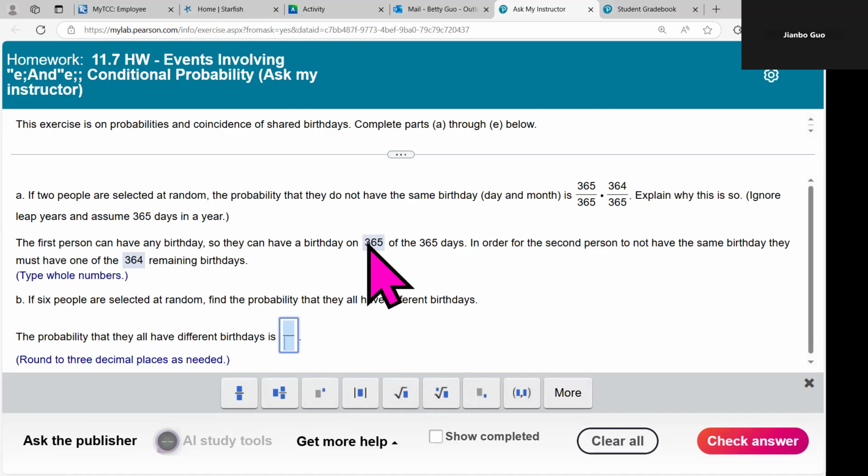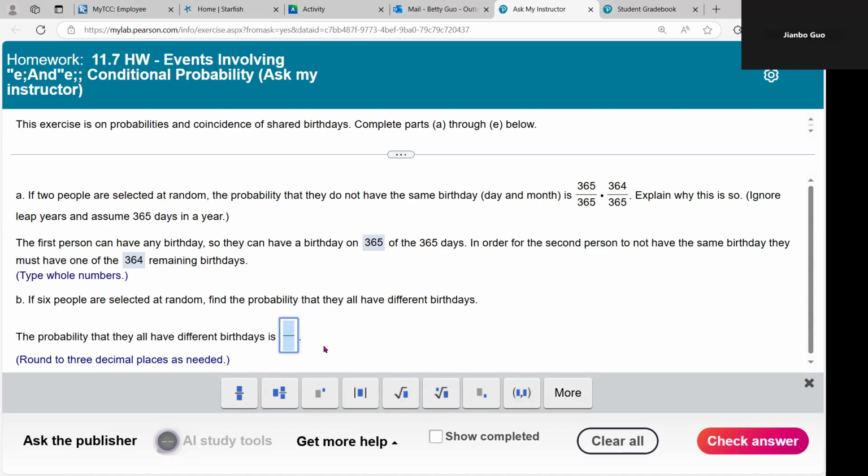We consider 6 time slots or 6 days. We want to choose the birthday for the 6 people. The first person could be any day, right? And the second person also could be any of the 365 days.